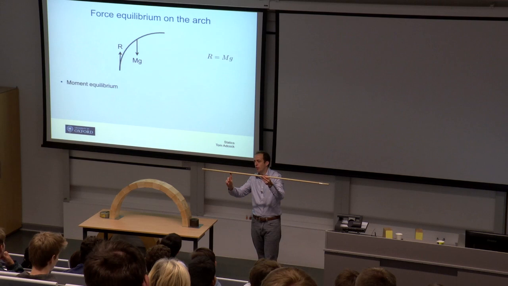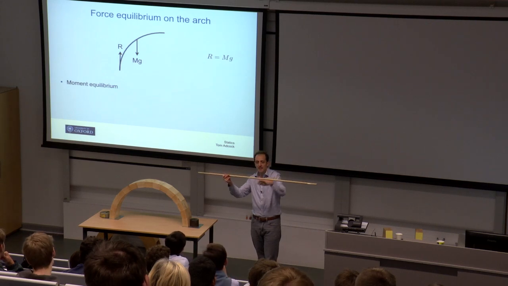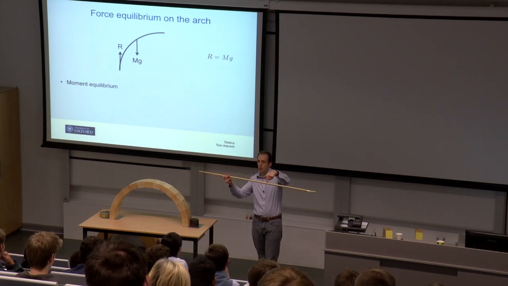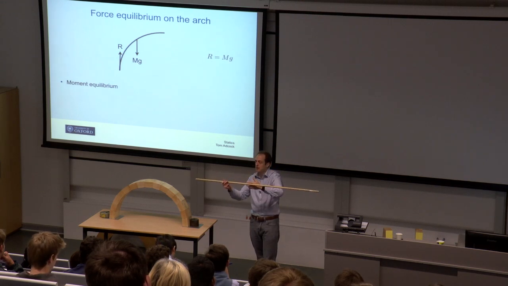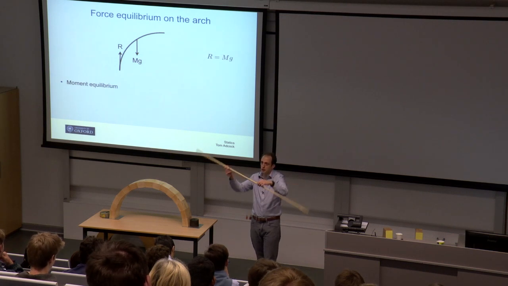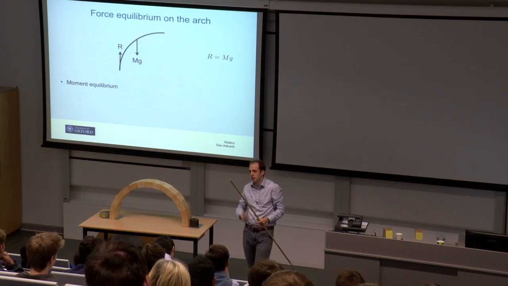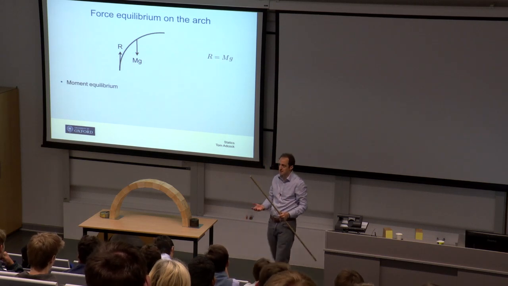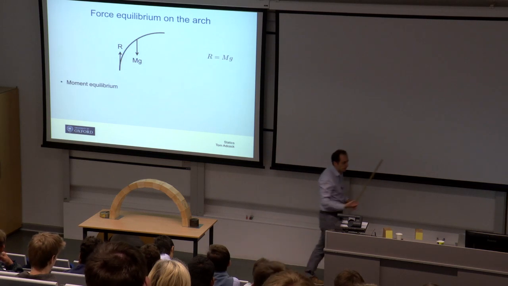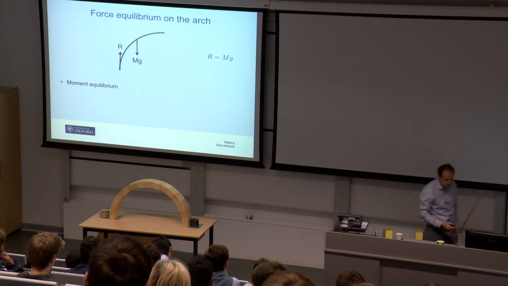But if I apply a force upwards here, and then I apply a force downwards on this bit, well, those are going to be in equilibrium in the vertical direction, but what's going to happen? Well, our structure is going to move. It's going to start rotating. And this is because the moments don't balance. And so we need to write down an equation of moment equilibrium.